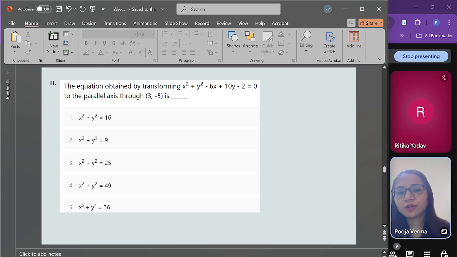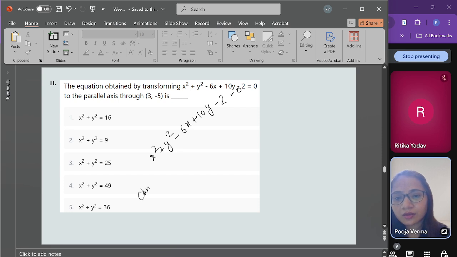So let (x, y) be the coordinates of any point on the given curve. This curve is x square plus y square minus 6x plus 10y minus 2 is equal to 0.